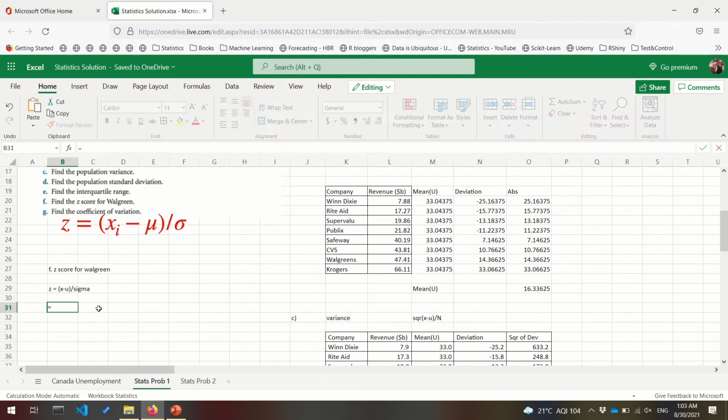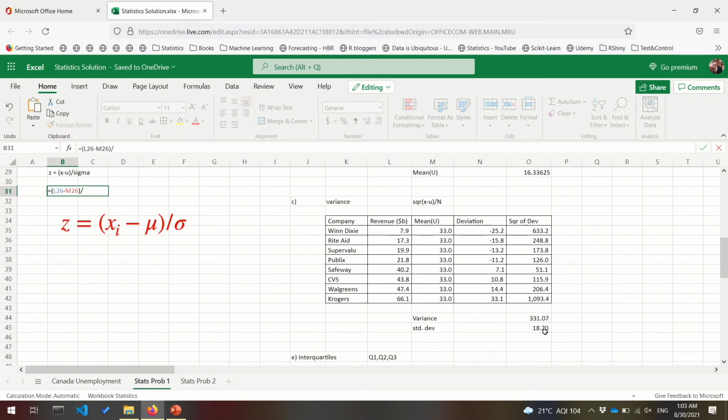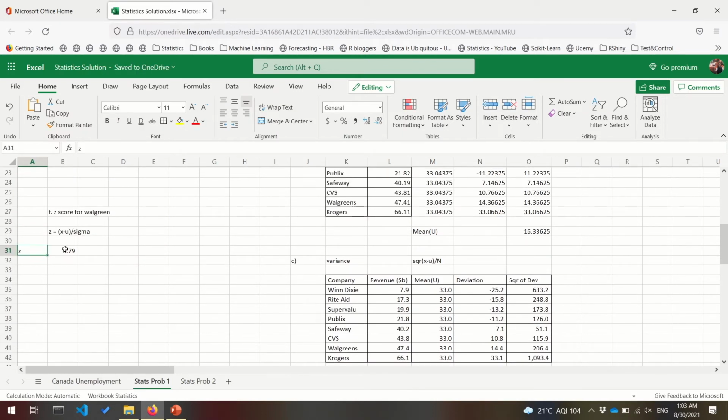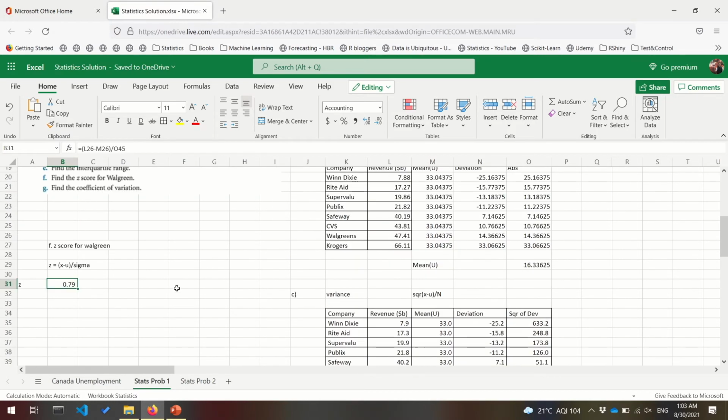So for Walgreens, x is the Walgreens value minus mu, the average, divided by sigma. Sigma I calculated here, sigma is 18. So this is your Z score for Walgreens, 7.79.